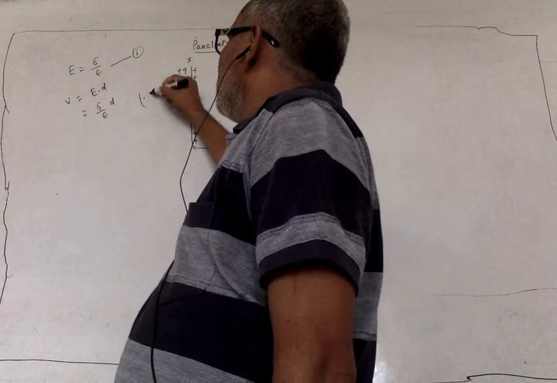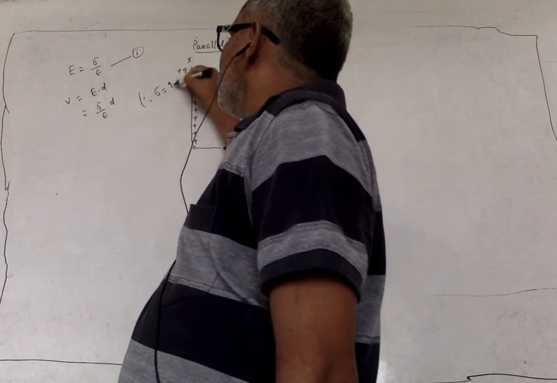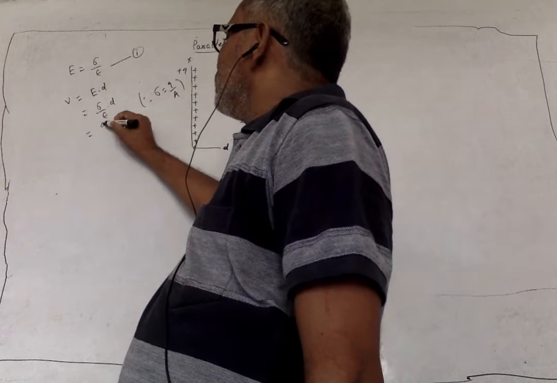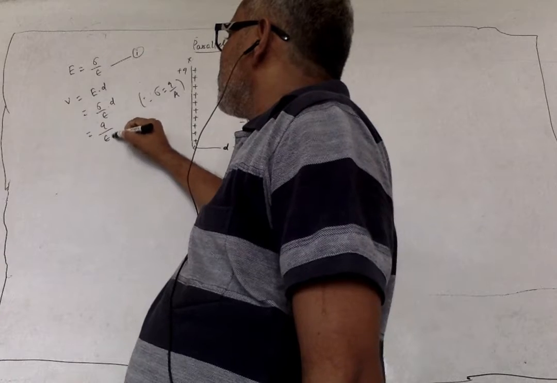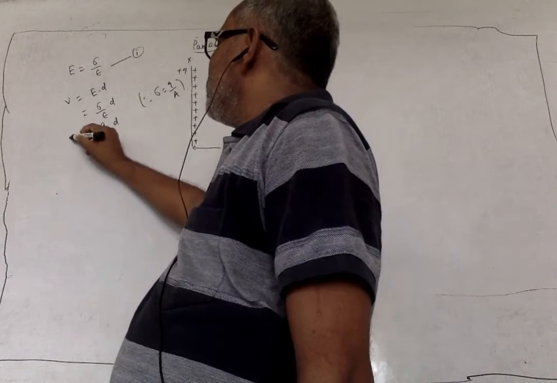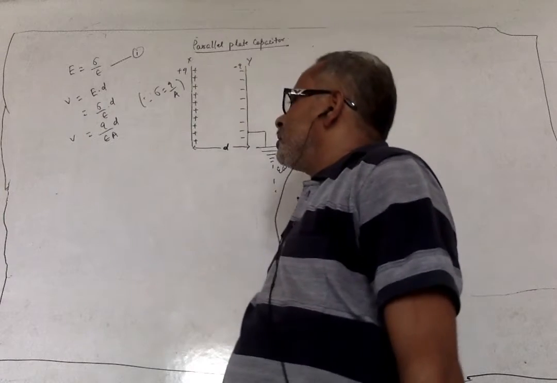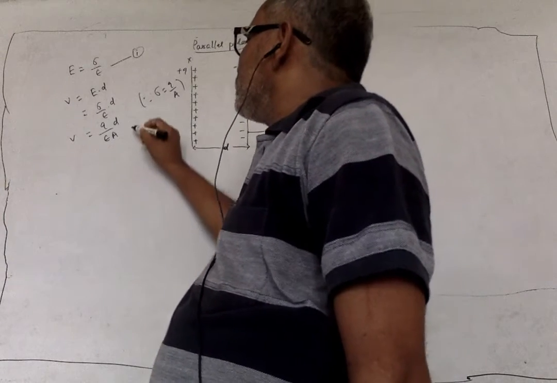Since sigma equals Q by A, V equals Q d by epsilon A. This is the potential difference between the plates.